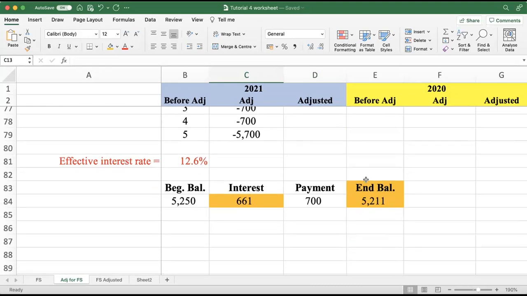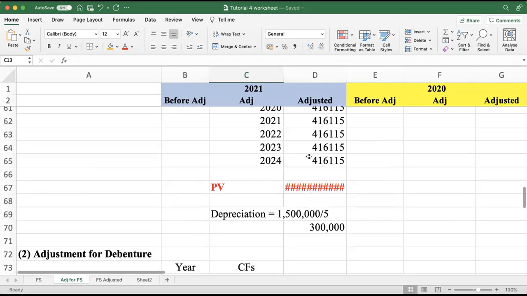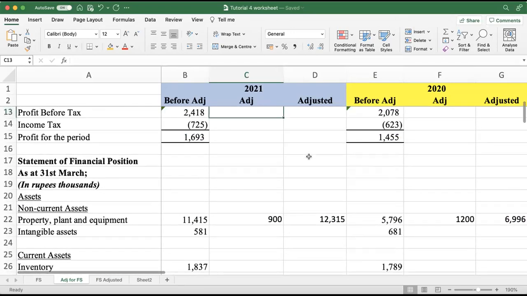You brought the debenture value and the interest, then we removed the interest charged to profit and loss.